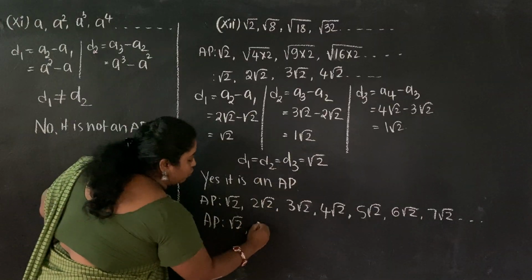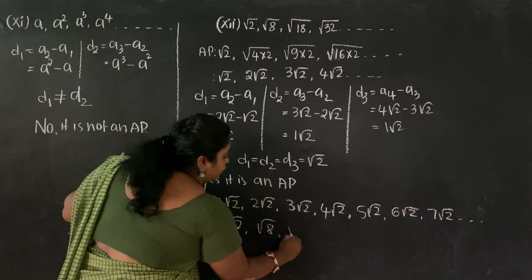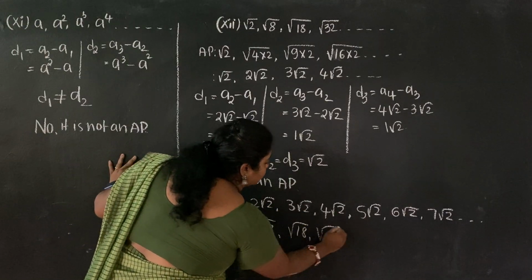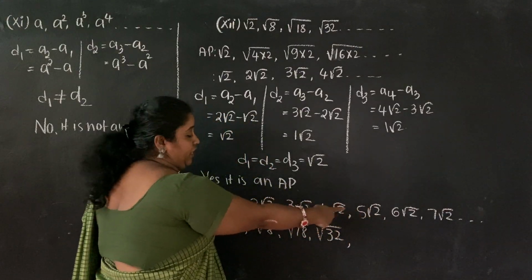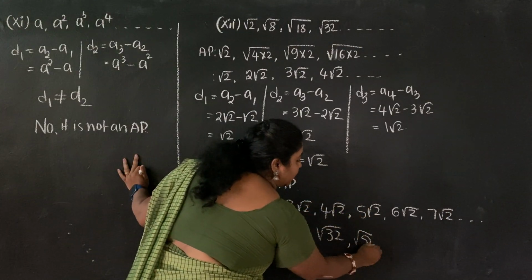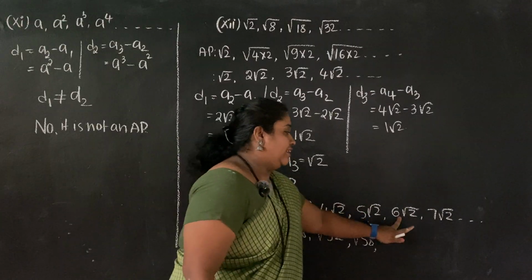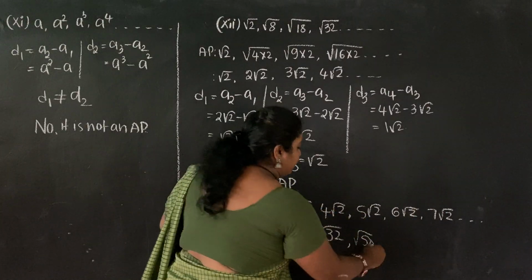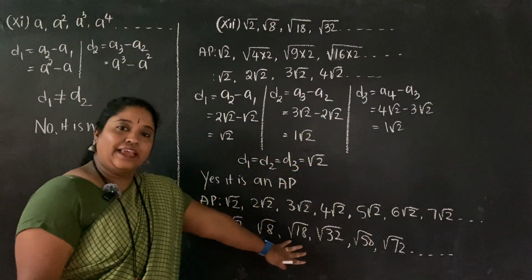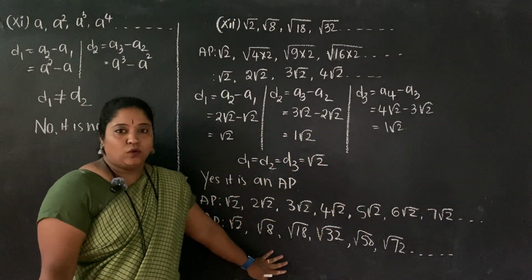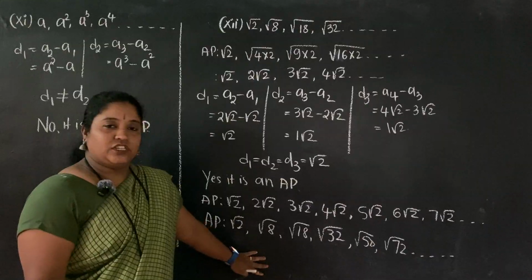Root 2, 2 4s are 8, 3 2s are 18, 16 2s are 32. See here, 5 square is 25. 25 2s are, you will be having how much, dear? 50. 6 6s are 36. 36 into 2, you will be having how much? Root 72. Like that, you can write the next few terms. Understanding? I hope it is clear. We'll move to the next question.